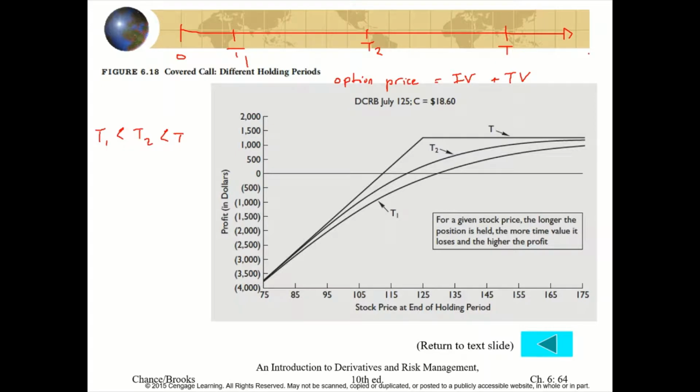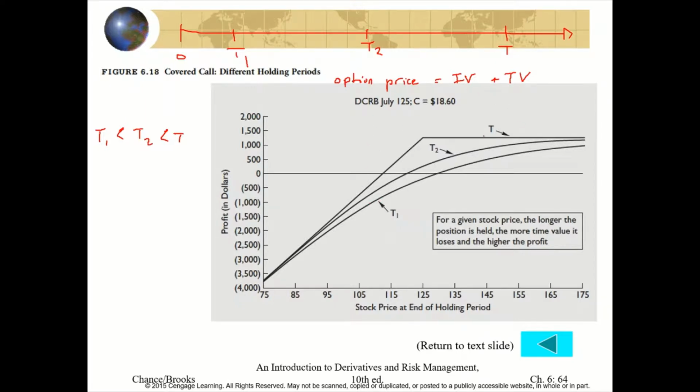When I pay the premium, I'm going to pay for a larger part of the time value, assuming that the intrinsic value is fixed, because we are looking at a certain level of the stock price. So if I'm going to pay for a larger part of the time value, then my profit will be lower because it cost me more to buy back the call option.